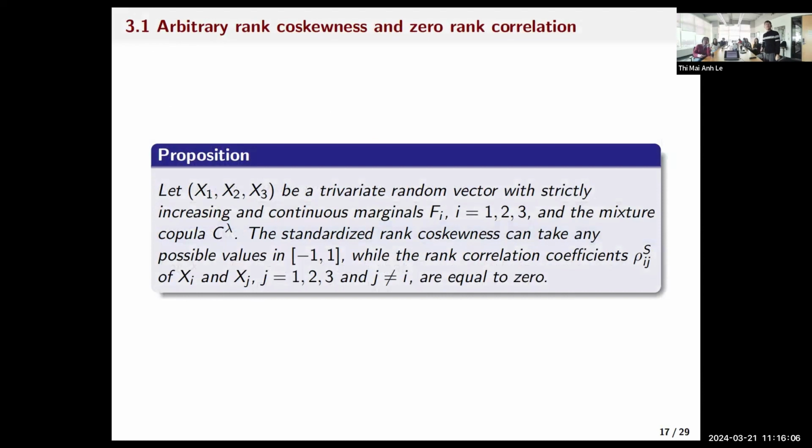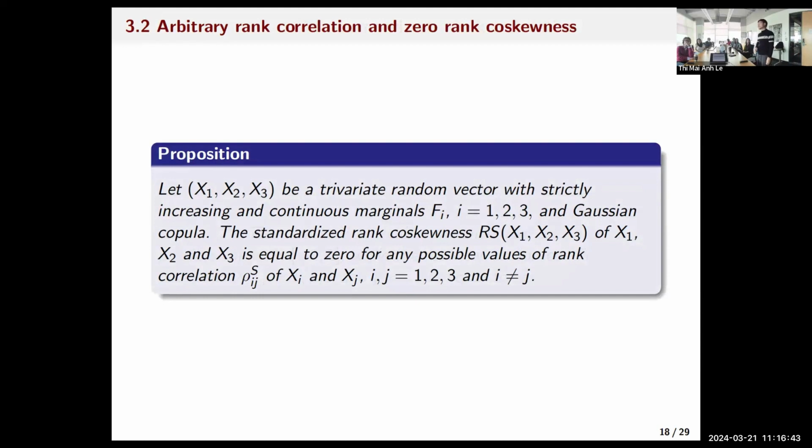Okay, then we use the model of the mixture copula C lambda again, but with the strictly increasing and continuous marginal distributions Fi. We show that the standardized rank coskewness can take any possible values in [-1, 1], while the rank correlation coefficients are all equal to 0. This proposition proves the first proposition we mentioned before.